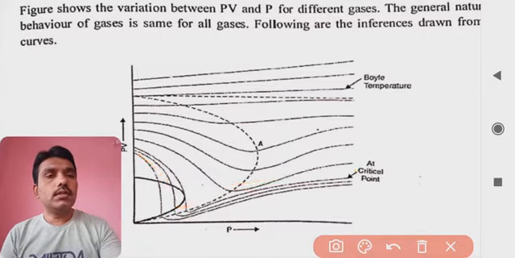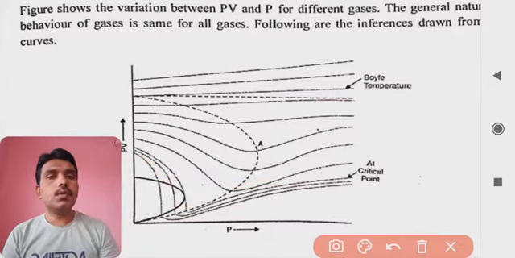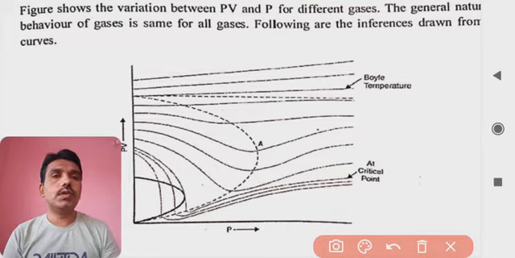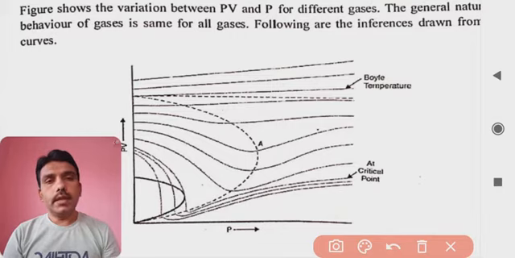These are some differences, and basically at low temperature these variations occur.